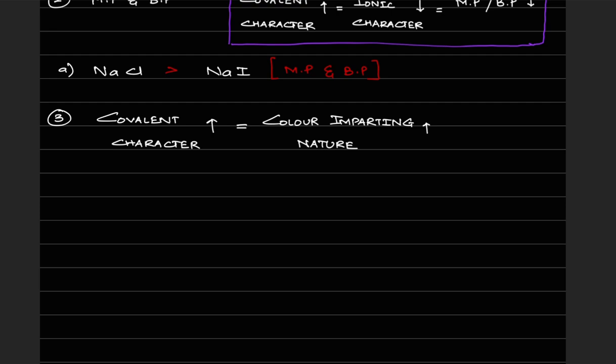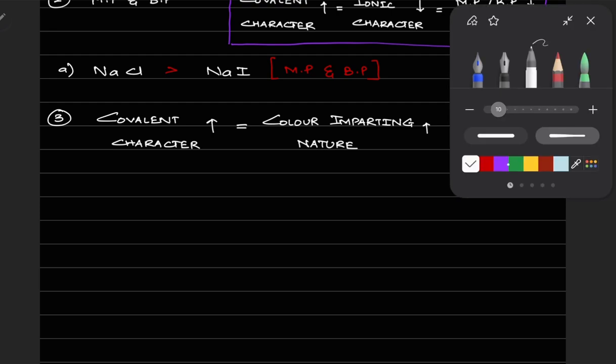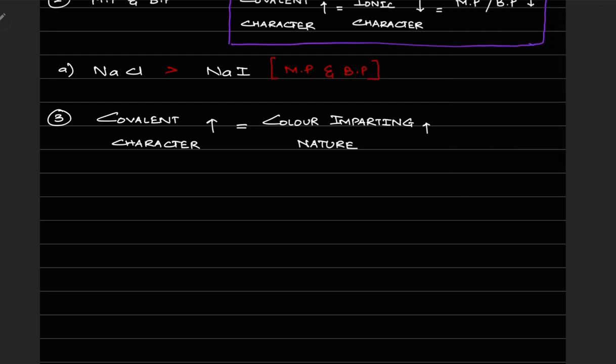Let's understand. Let me give you a very interesting example. Let's suppose you have AgF, then you have AgCl, then you have AgBr, you have AgI.